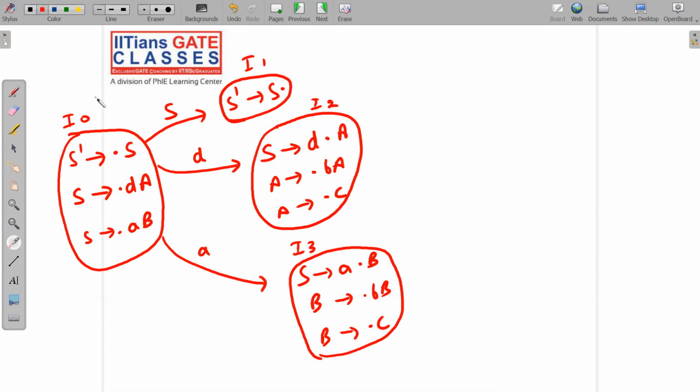From here, yes, we can go. Capital A: S goes to DA dot. This will be our final item.